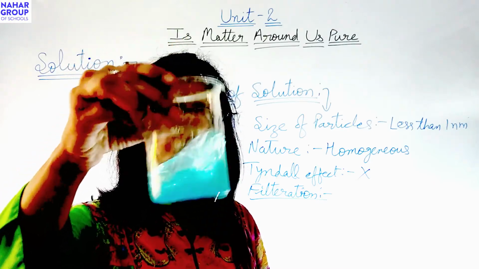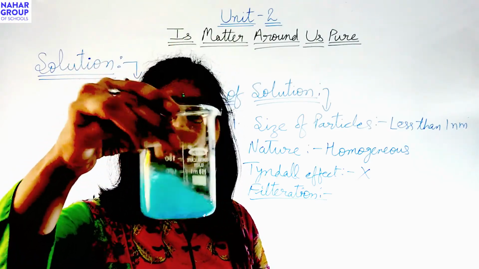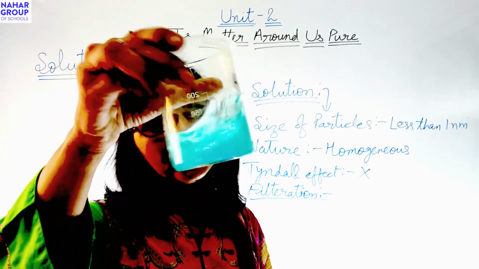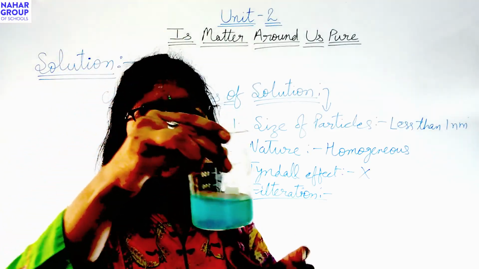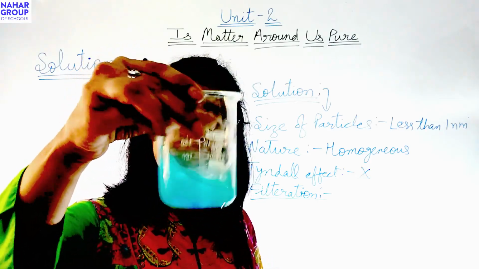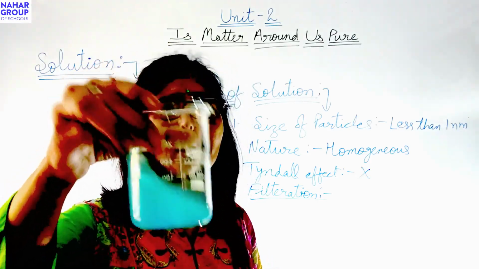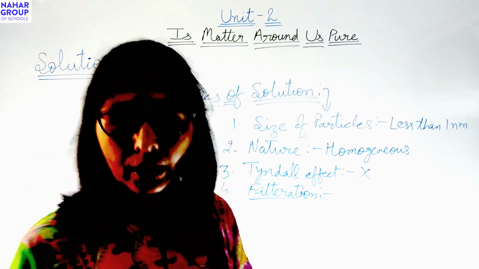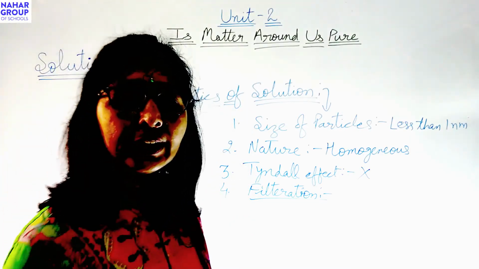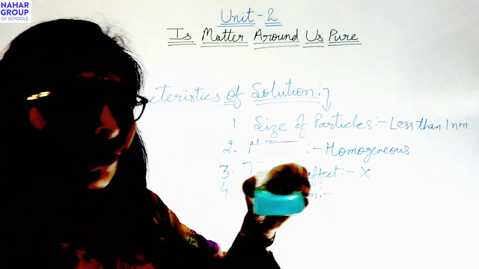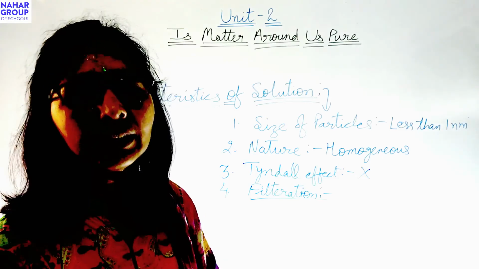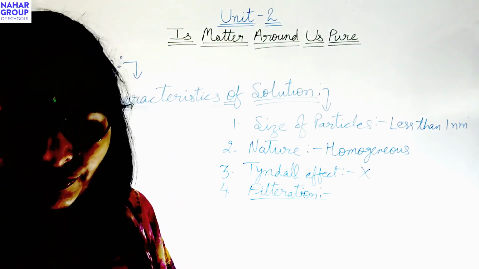In this blue color solution, you can't find out which are the particles of copper sulfate and which are the particles of water. Appearance is same throughout. The first drop and the last drop of this solution are the same. In this case, copper sulfate is the solute, water is the solvent, and this blue color solution is the example of copper sulfate solution.